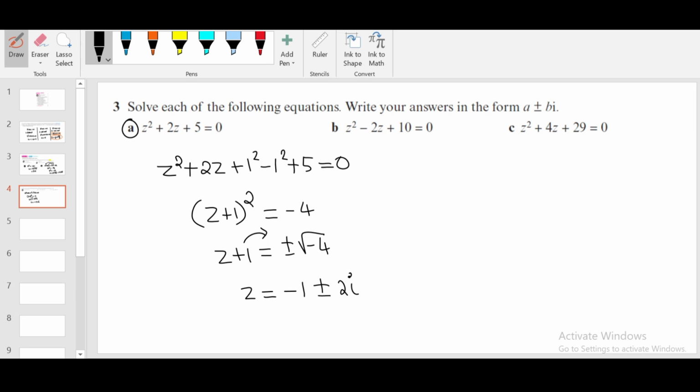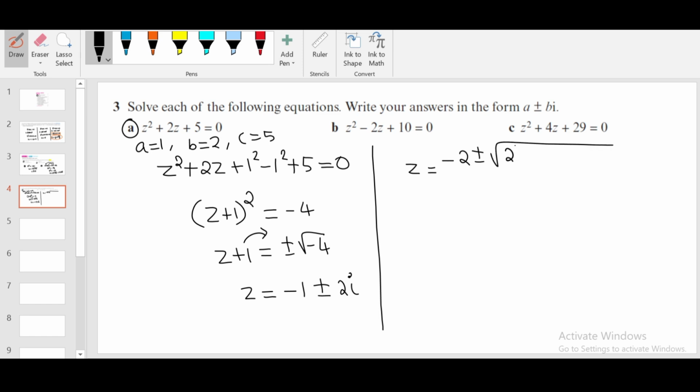You can use the quadratic formula for this also. You will get the same answer anyway. Now I'm going to solve the same equation by using the quadratic formula. So we have a is the coefficient of x², b is the coefficient of x, c is 5. So the formula is -b plus or minus the square root of b² - 4ac, divided by 2a.